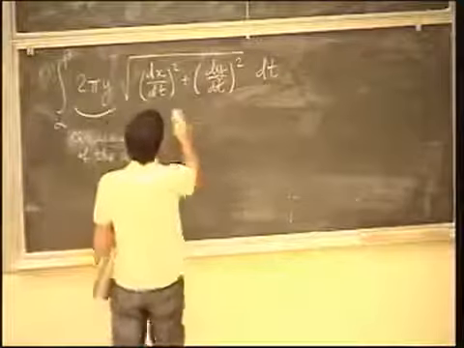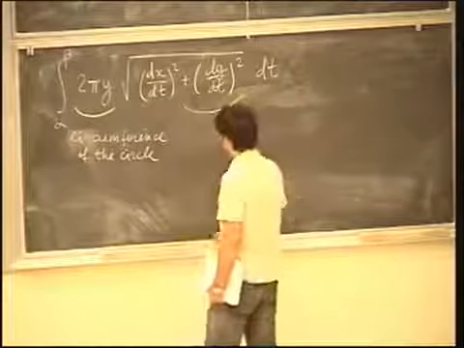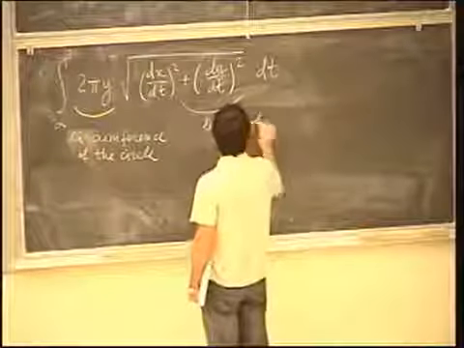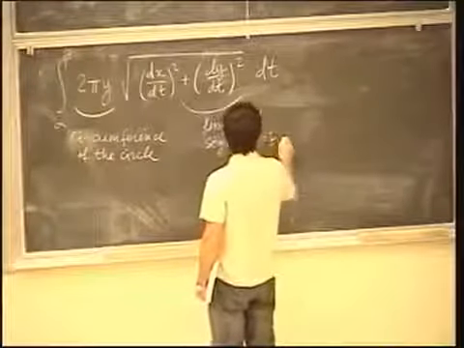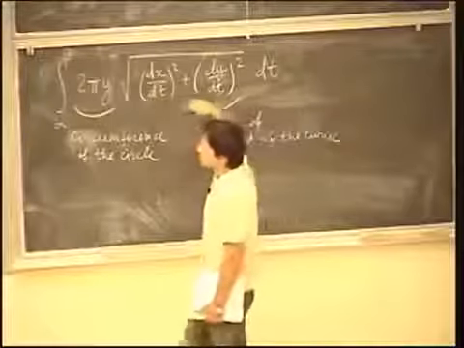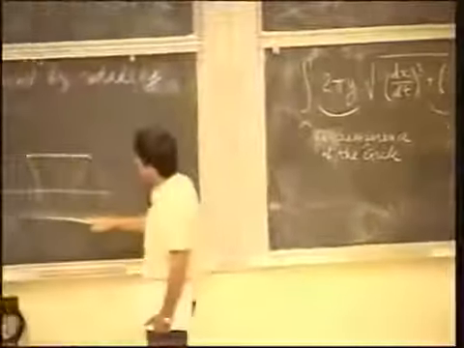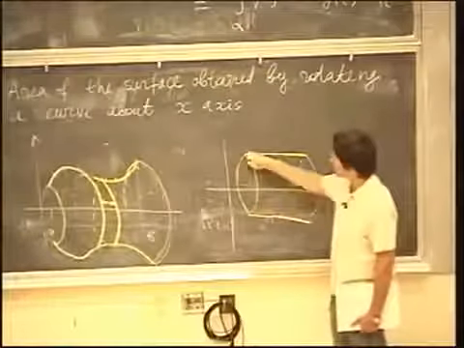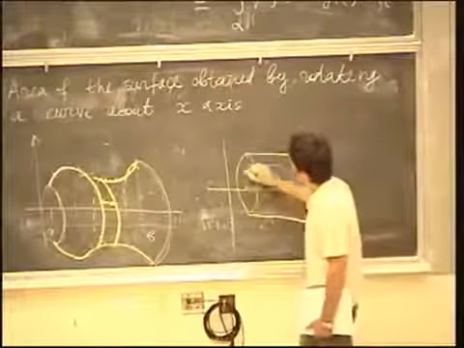And this part comes from the arc length of the segment of the curve. So the formula is not at all surprising. It just realizes a very simple fact that if you have a cylinder, then the area of the cylinder is going to be equal to 2 pi times the radius of the cylinder, which in this case is y.